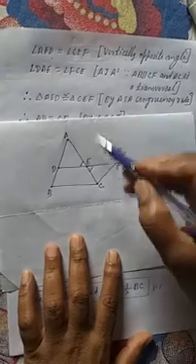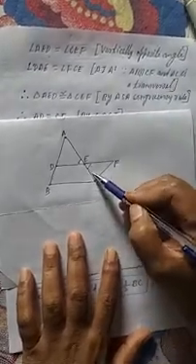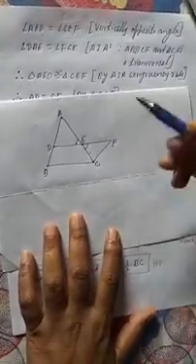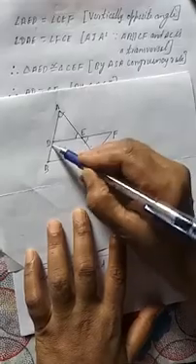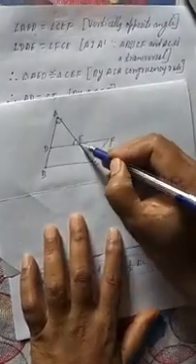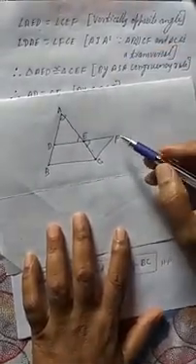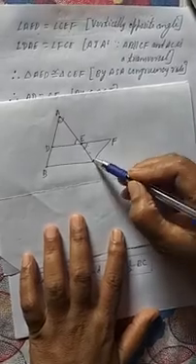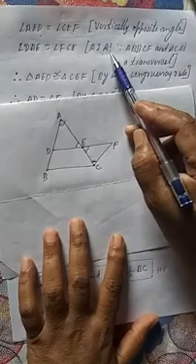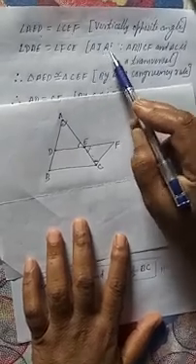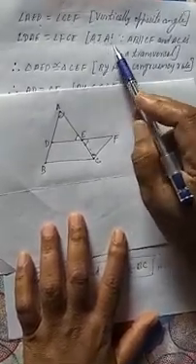This is the vertically opposite angle, you already know. Okay, now one more angle. Angle DAE is equal to angle FCE. Why? Because these are alternate interior angles. This is the short form: alternate interior angle.